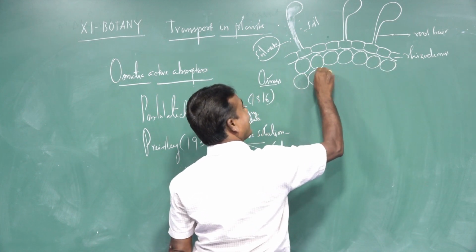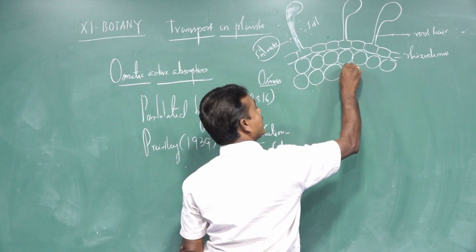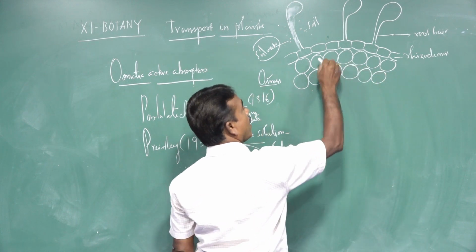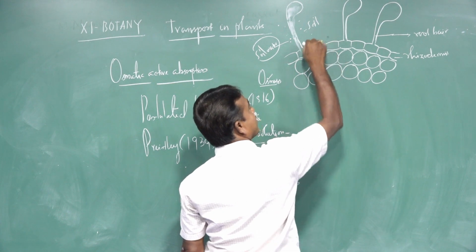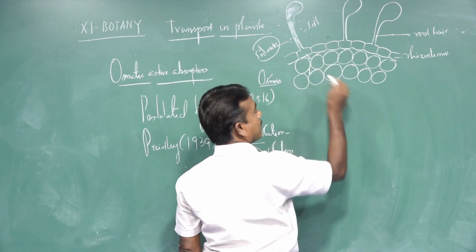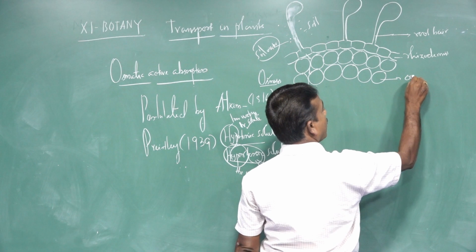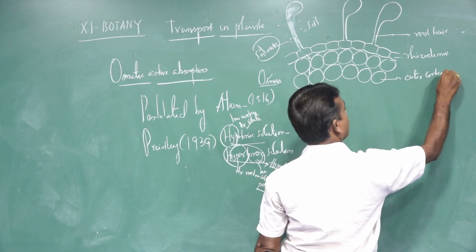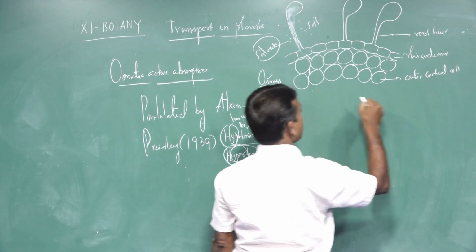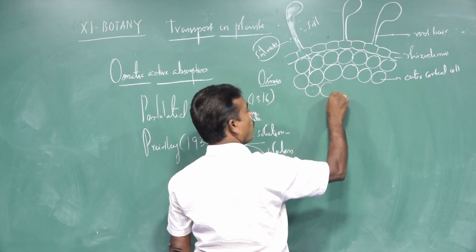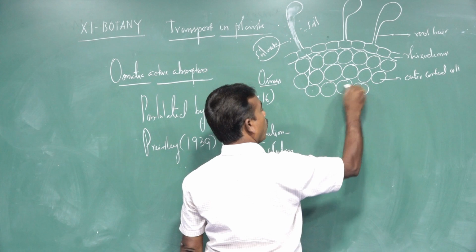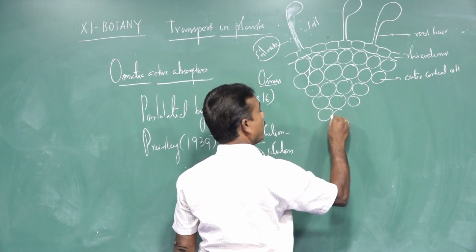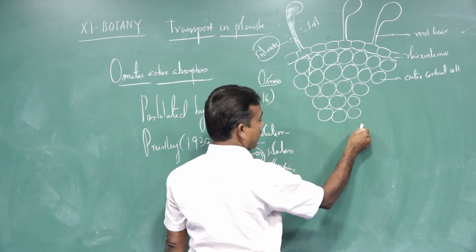The cortical cells into which the water molecules diffuse are commonly called the outer cortical cells. Finally, the water molecules move into the inner cortical cells.